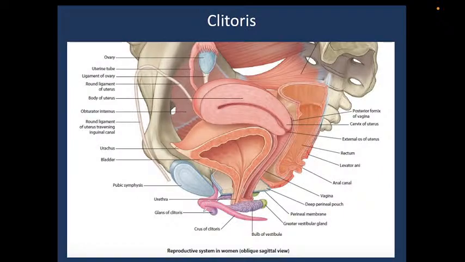And here also is the whole form of the clitoris with two crura. Take a look here. This is the bulb of the vestibule, another external genital organ.